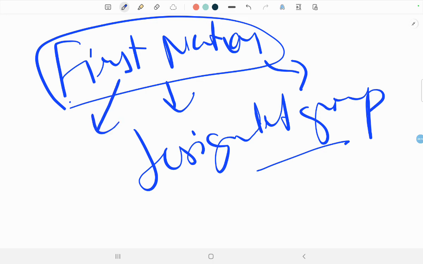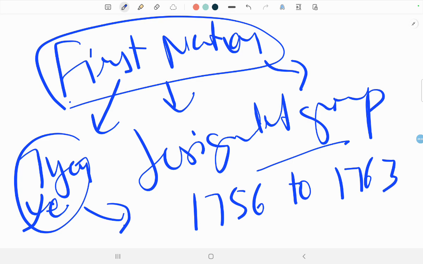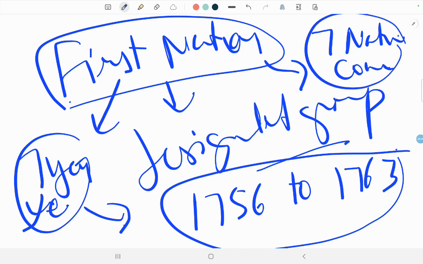We called it First Nation because at the time of the Seven Years' War between the French and British, from 1756 to 1763, there were 7 native communities who helped France in that war, and they called themselves a First Nation.